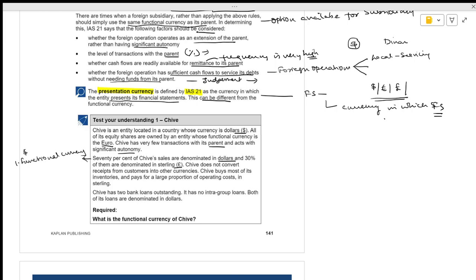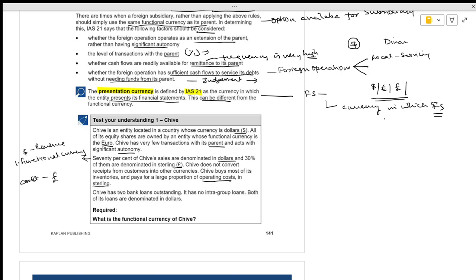CAI does not convert receipts from customers into other currencies. Fine, they will retain it, which means they will service their operations within the country. CAI buys most of the inventories and pays a large amount of operating costs in sterling. It is contradictory: revenue is in dollars, cost is in sterling.